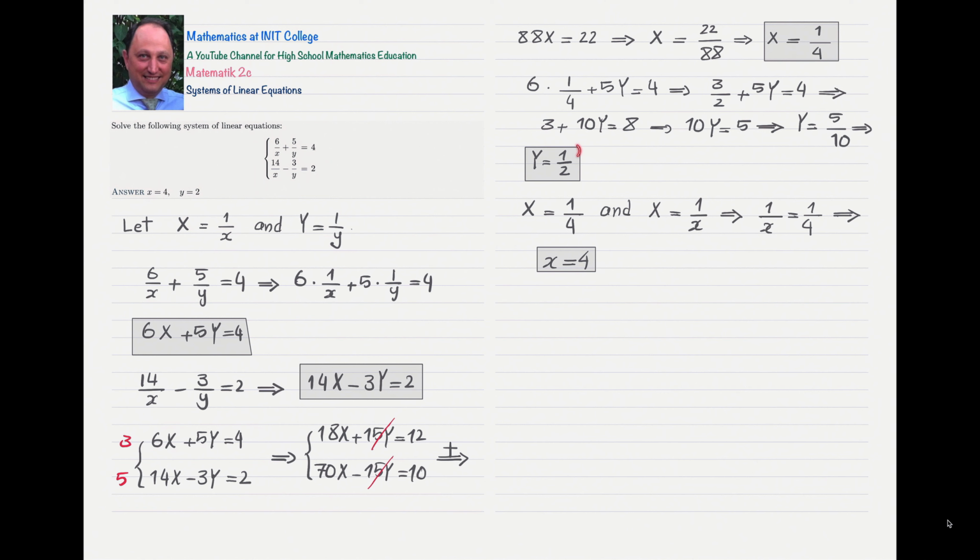And of course I use this to find y, so I would say that again capital Y is equal to 1 over 2, and capital Y is defined to be 1 over y, so this means that 1 over y is equal to 1 over 2, and then you can get that y is equal to 2.